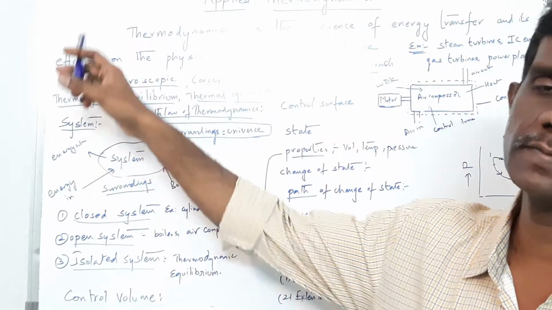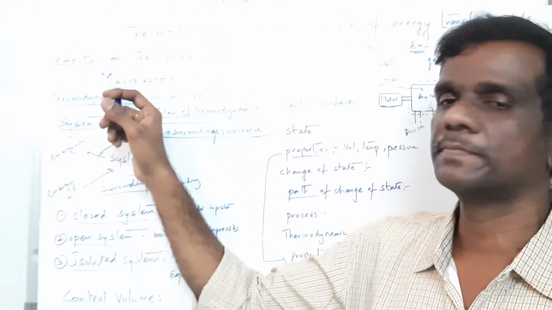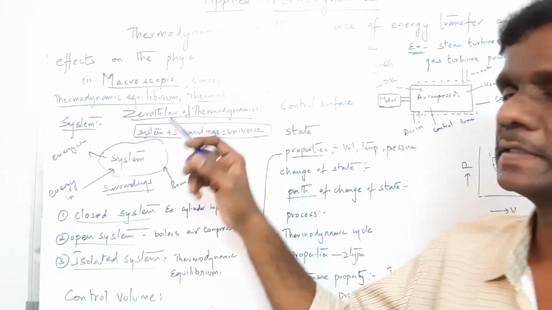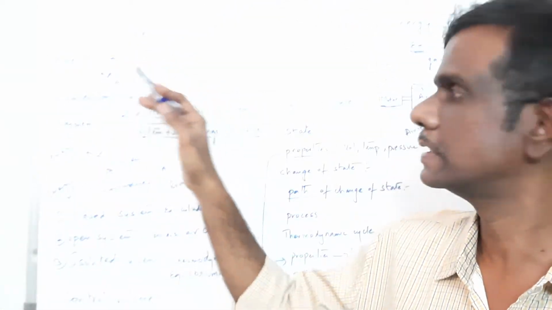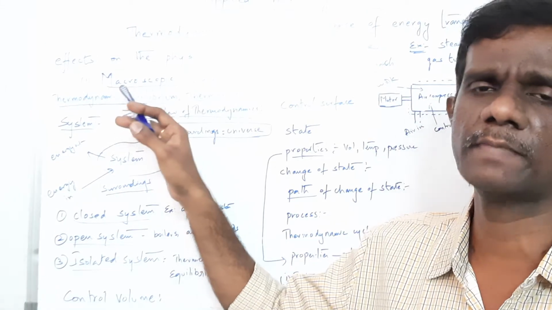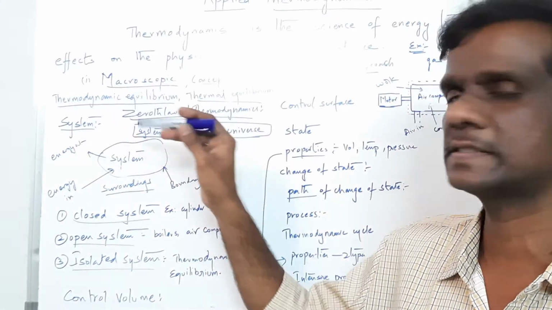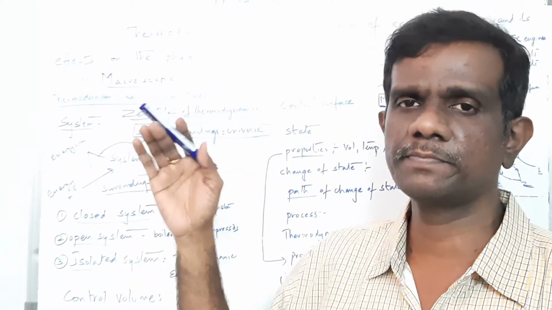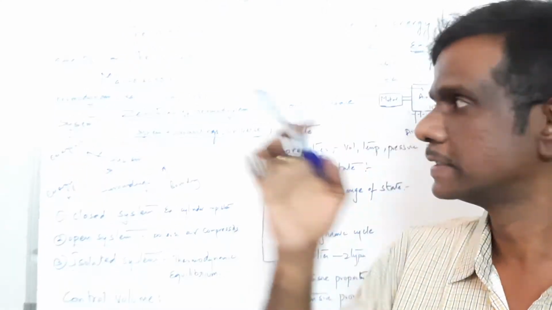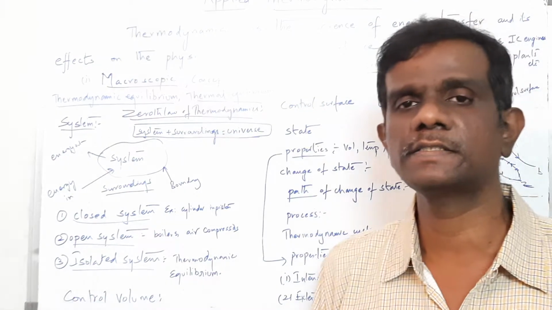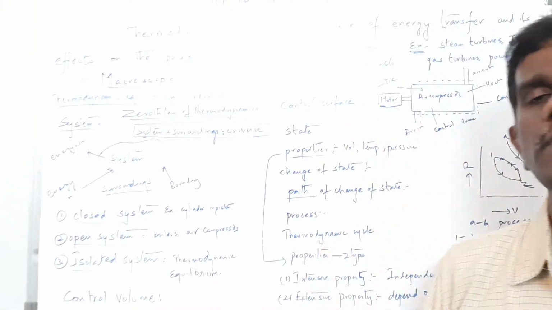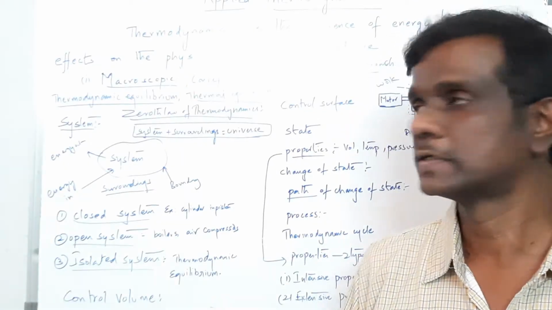Most thermodynamic applications use the macroscopic approach. Thermodynamic approach means macroscopic approach. Why? Because here we can easily perceive with the human senses. In the microscopic approach, you can't perceive with your human senses.